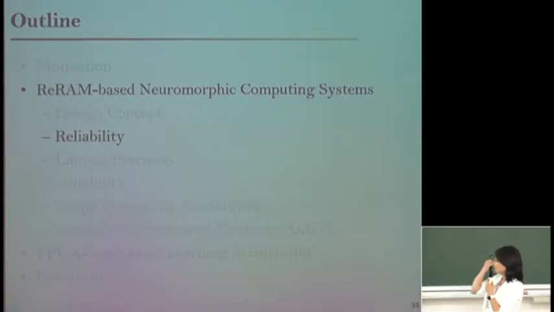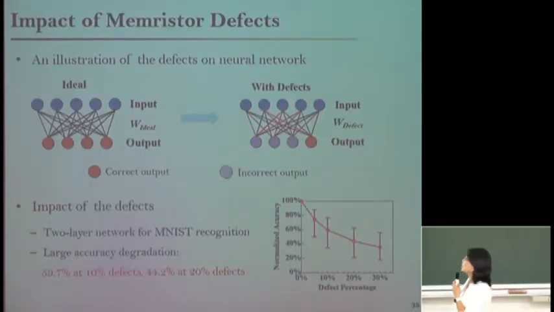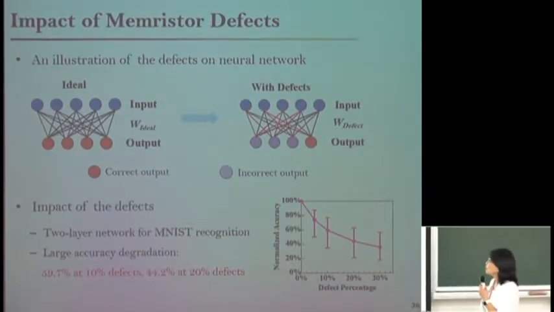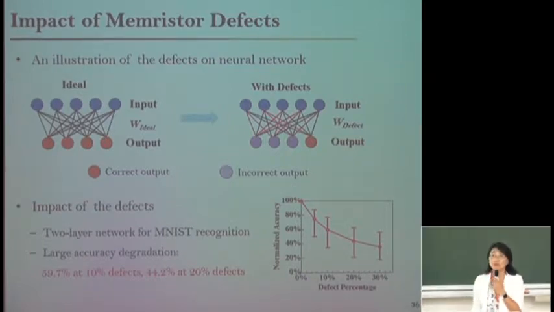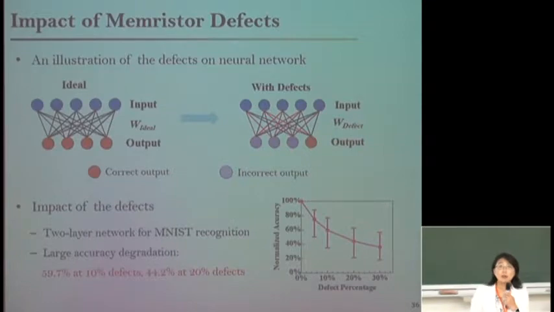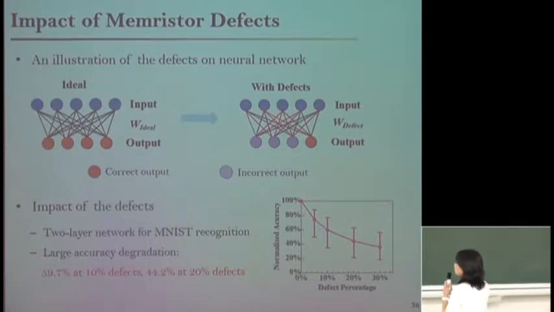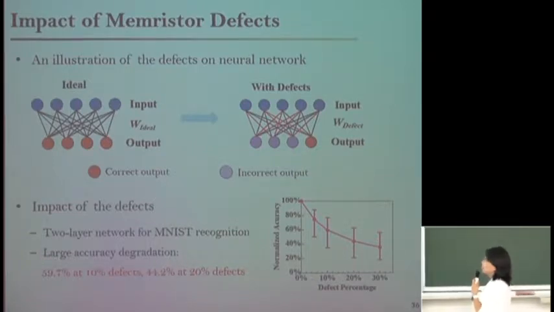The first caveat I want to show you, in fact, is reliability. This is a very simple illustration. Essentially, for a network, the variability means the weight deviates from the ideal weight, where there could be some defect.